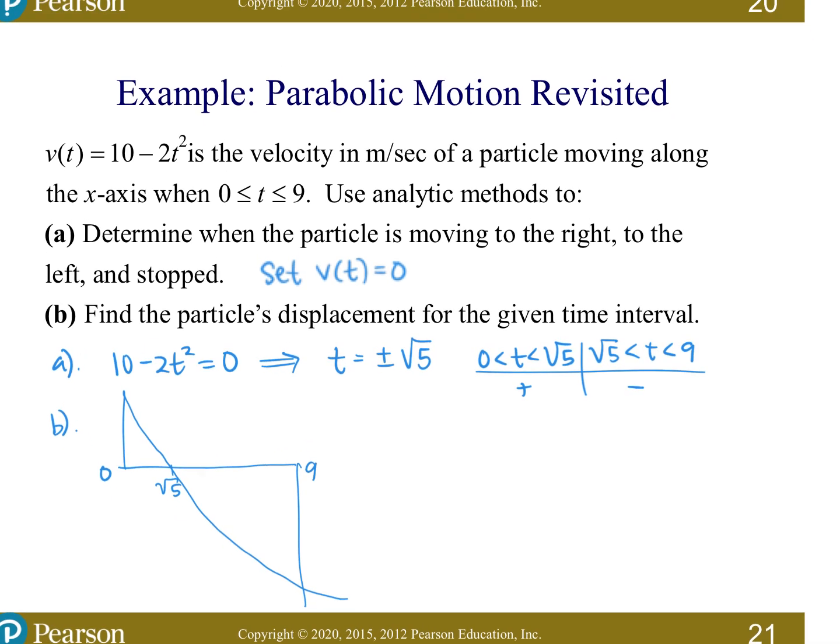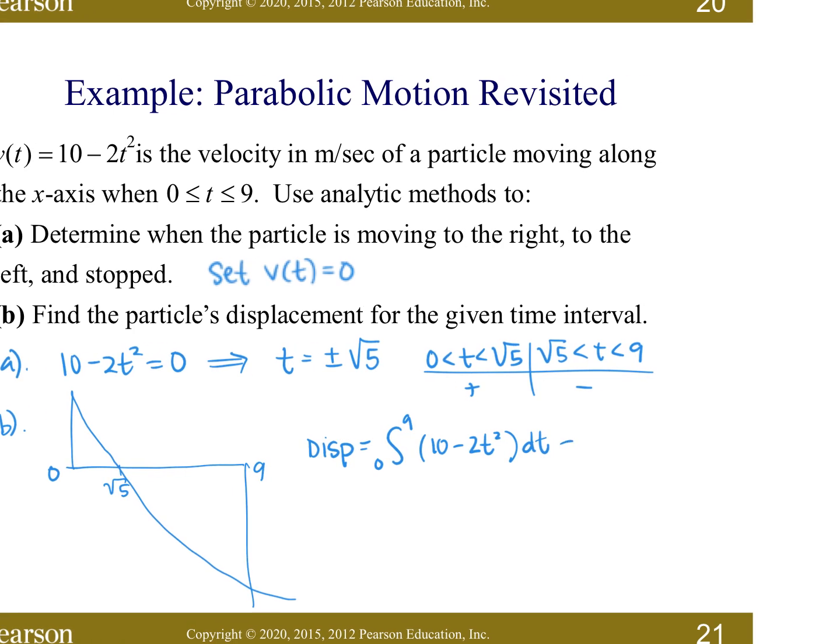All right, so then we're gonna, bless you, find our displacement using the antiderivative. So our displacement will go from 0 to 9 simply with the parentheses of 10 minus 2t squared dt.